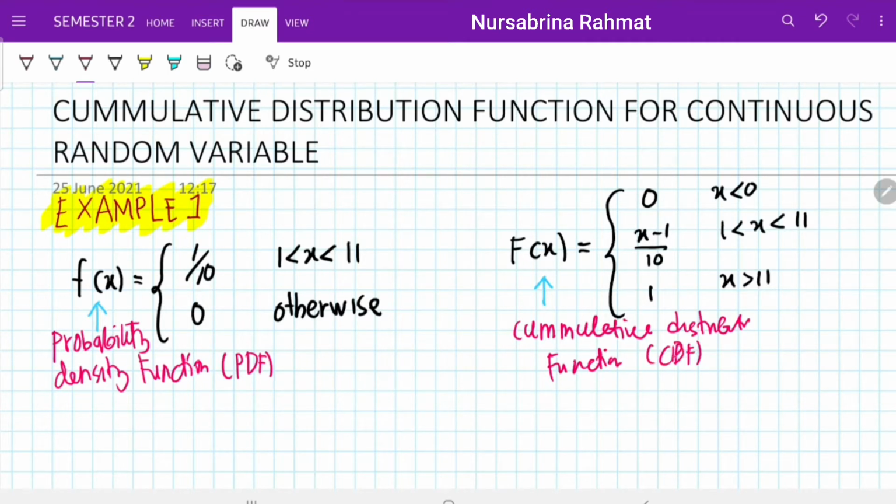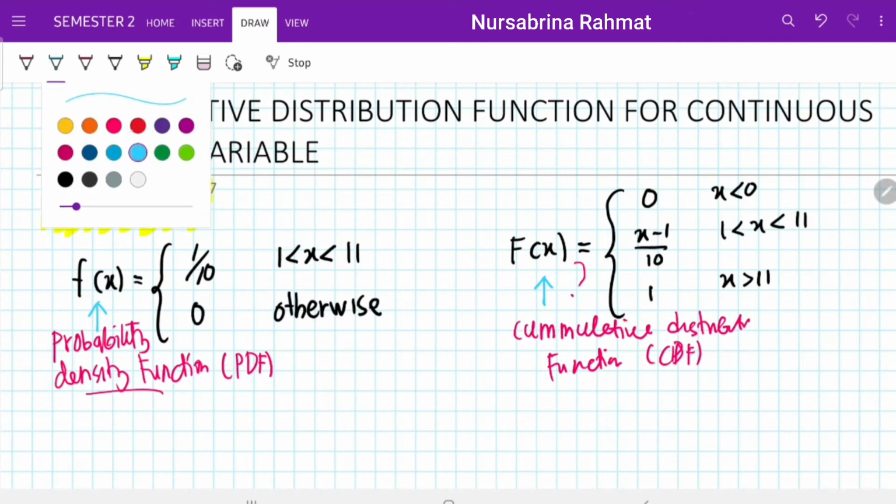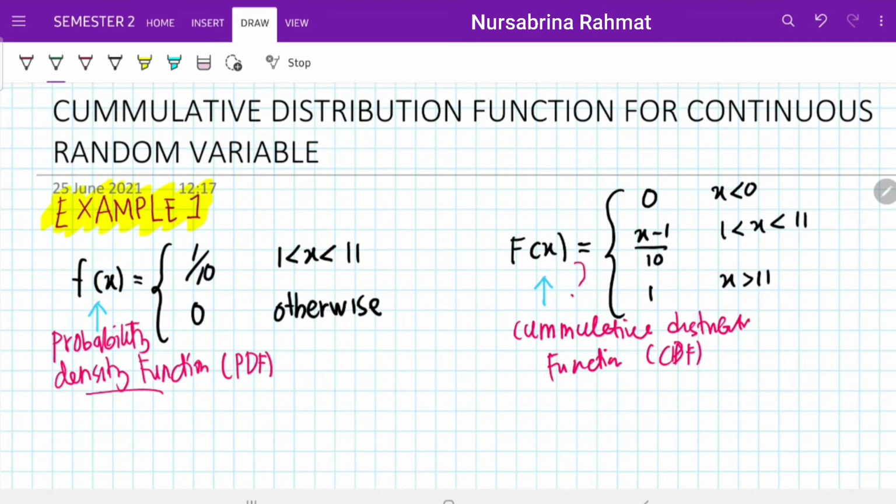Normally in the questions or in the exam, they will give you the probability density function, and from the given probability density function, you need to find out what your cumulative distribution function is. So how are you going to determine your cumulative distribution function from the given probability density function? It's by using the integration process.